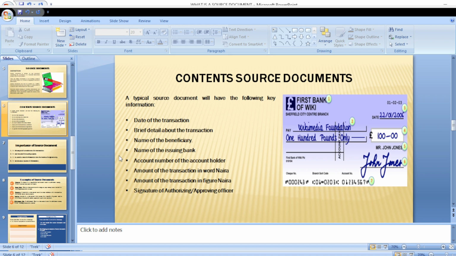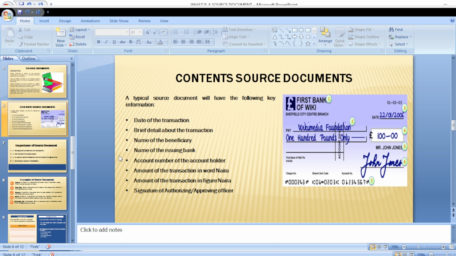Then we can see the signature of the owner of the account, or the approving officer, or the authorization officer in respect to this particular check. In this particular case, it is John Jones, whose name is written as the signature of the account. So all these are contents of a source document.